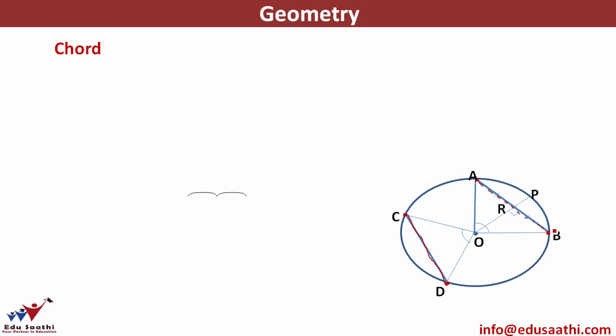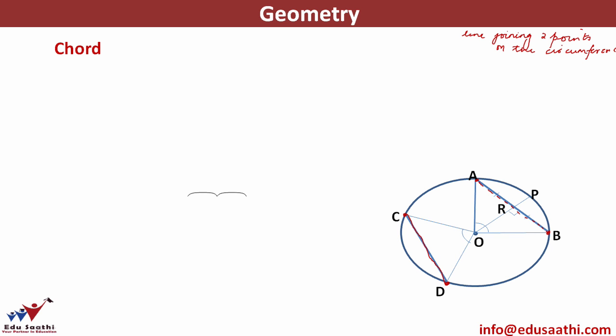So by definition, a chord is the line joining 2 points on the circumference of the circle. These 2 points have to be definitely on the circumference. The point cannot be inside and cannot be outside.